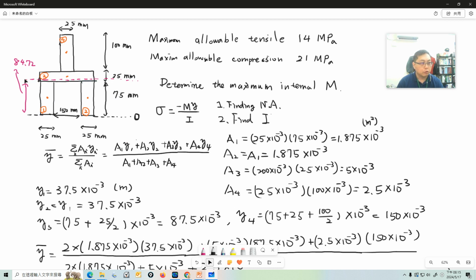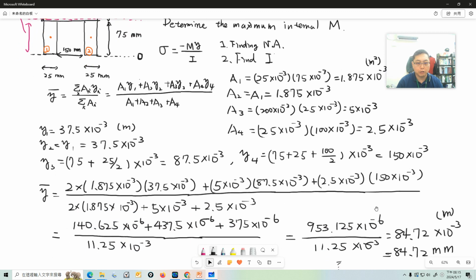The neutral axis is here, but this is the centroid of each area. So you have to use the parallel axis theorem to calculate the moment of inertia of each area. You have four areas, so it's going to be a heavy calculation.